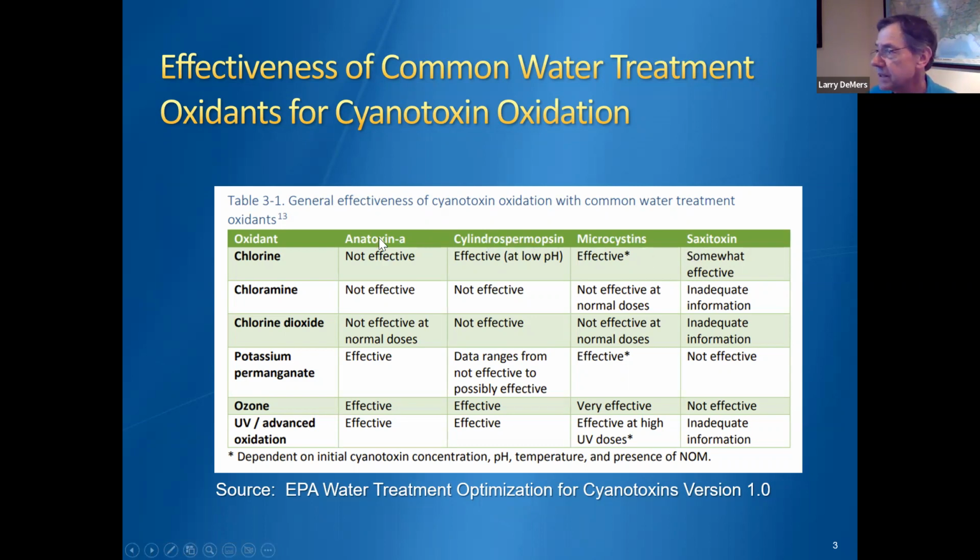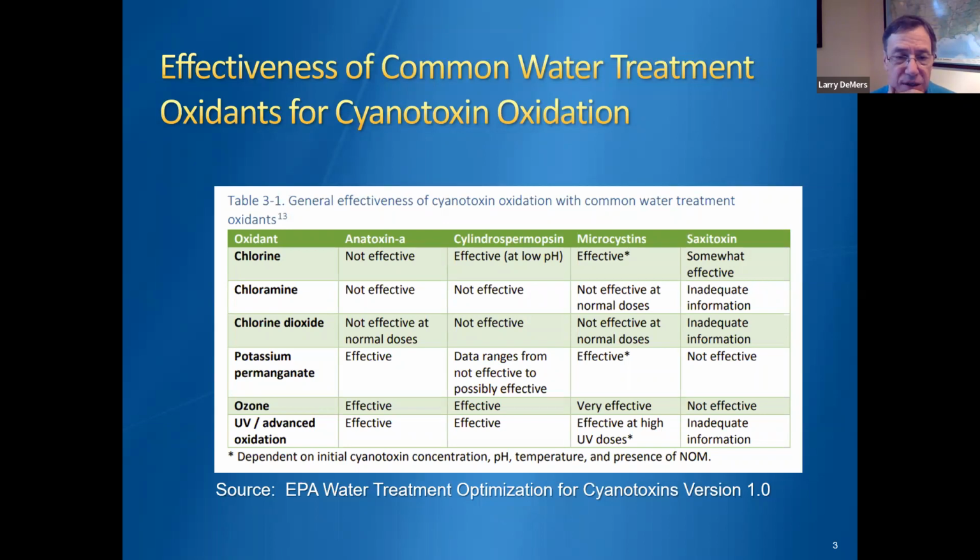And then across the top of the screen, it references four specific toxins: anatoxin-a, cylindrospermopsin, microcystins, and saxitoxin. So if we look at microcystins, which is pretty common in most blooms, we can go down and see that chlorine is effective. Chloramines, not so much.